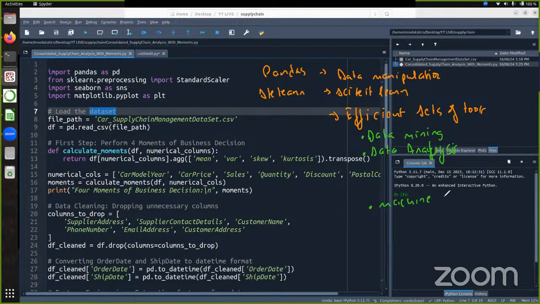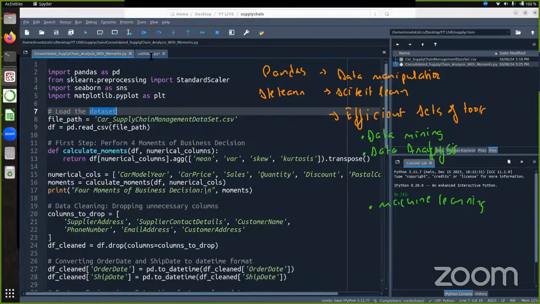So our end-to-end analytics journey can be covered as part of scikit-learn. That is how useful scikit-learn is, and how much information it can give us.